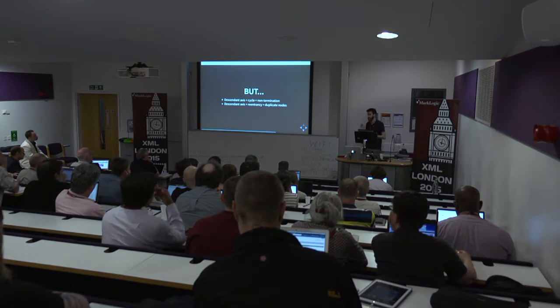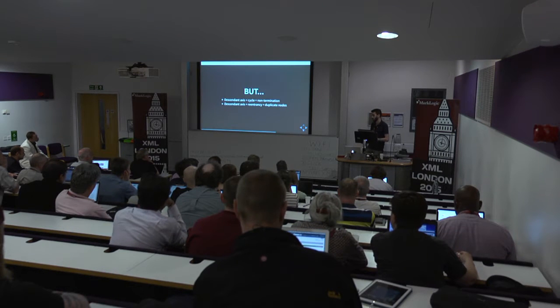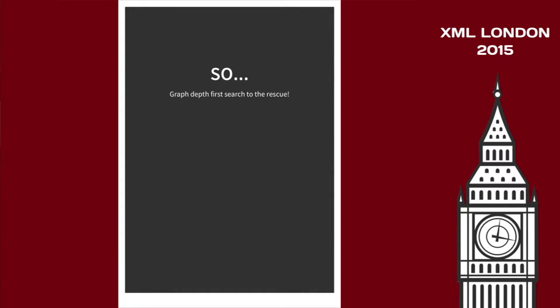However, this can be easily solved by transforming the implementation of the descendant axis to use graph depth first search. It's actually a very old problem. All you need to ensure is that you never visit the same node twice, which will ensure that your search always terminates and that you won't have any duplicate nodes in your node set.